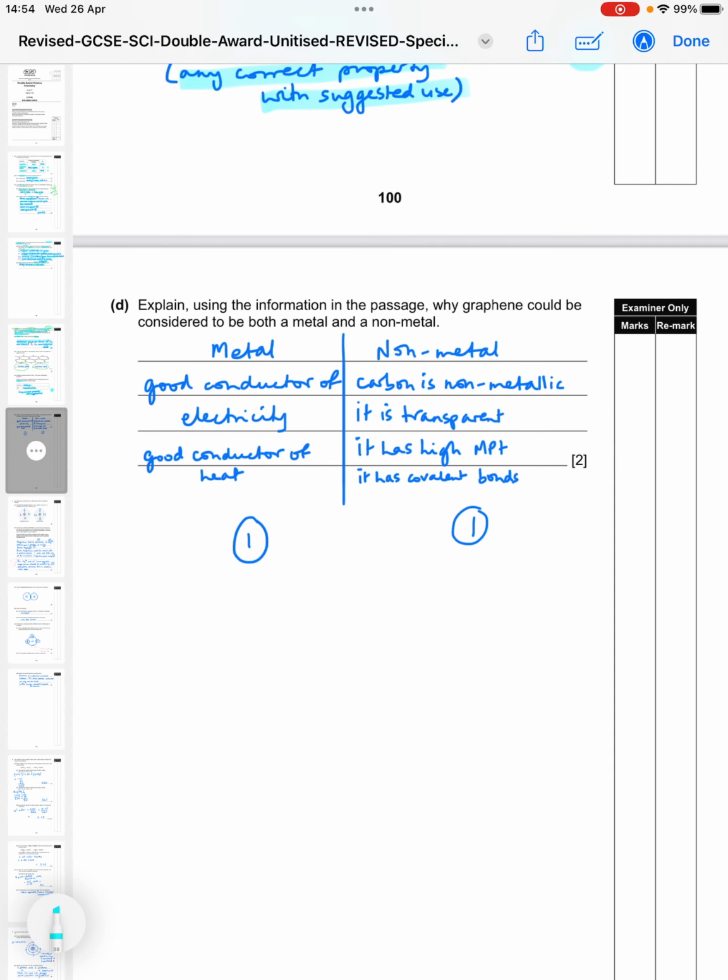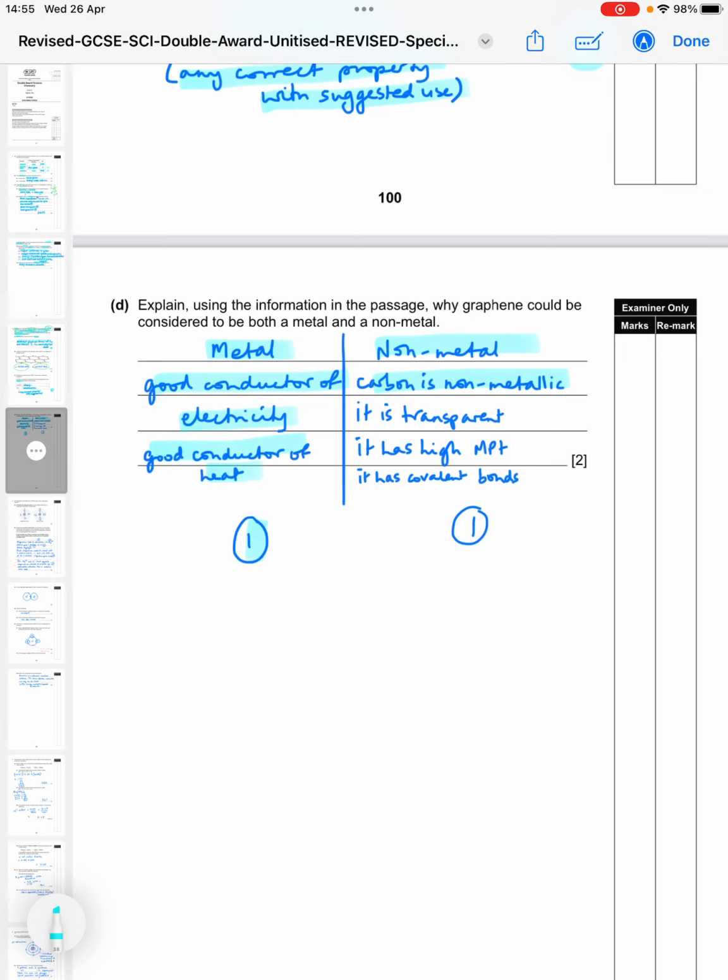And finally in D, explain using the information in the passage why graphene could be considered to be both a metal and a non-metal. So looking at the information in the passage, it tells you that it's as efficient a conductor of electricity as copper, and also a good conductor of heat. So 1 mark maximum for the properties of it could be considered a metal. And then for non-metal, you could say carbon is non-metallic.